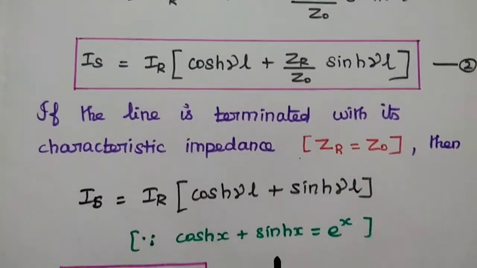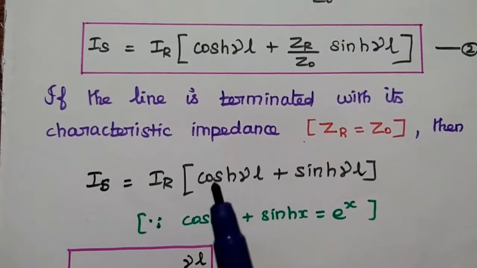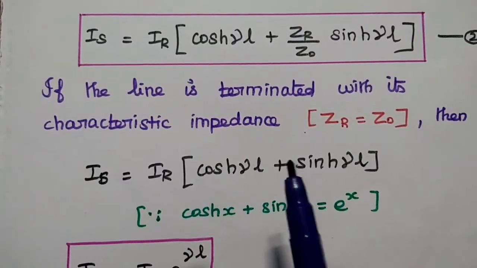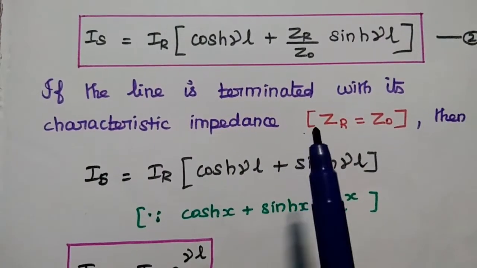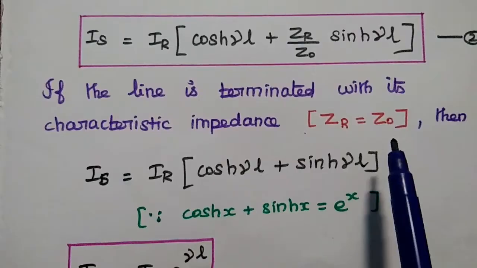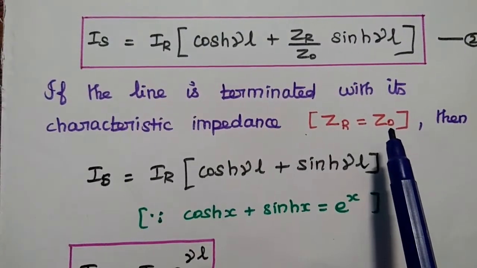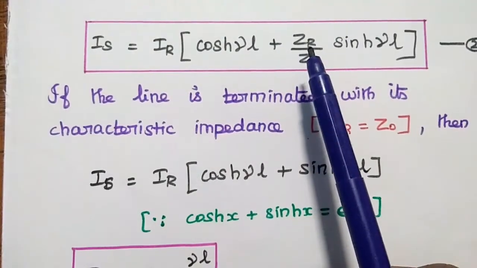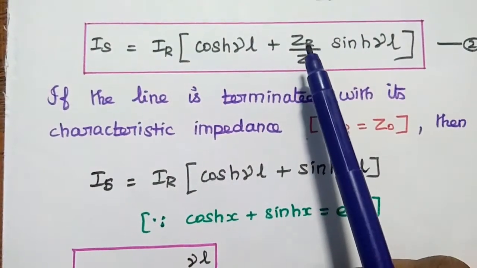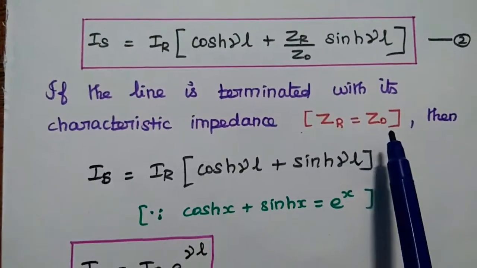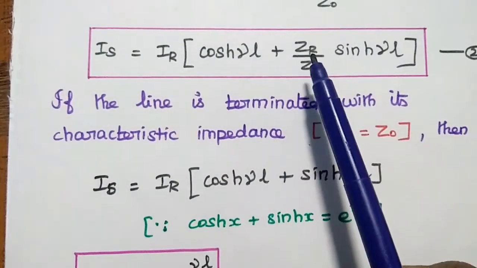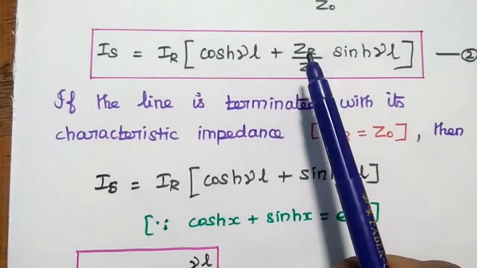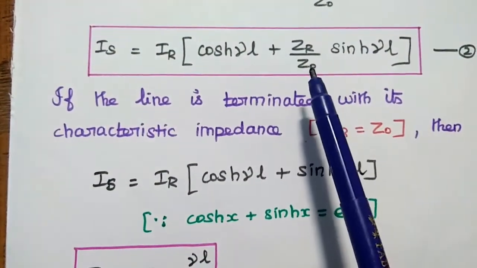We can further simplify this current equation if the line is terminated with its characteristic impedance. Characteristic impedance means Z naught. So the terminal impedance ZR is equal to Z naught. Then this equation becomes like this. ZR is equal to Z naught means Z naught by Z naught is equal to 1.